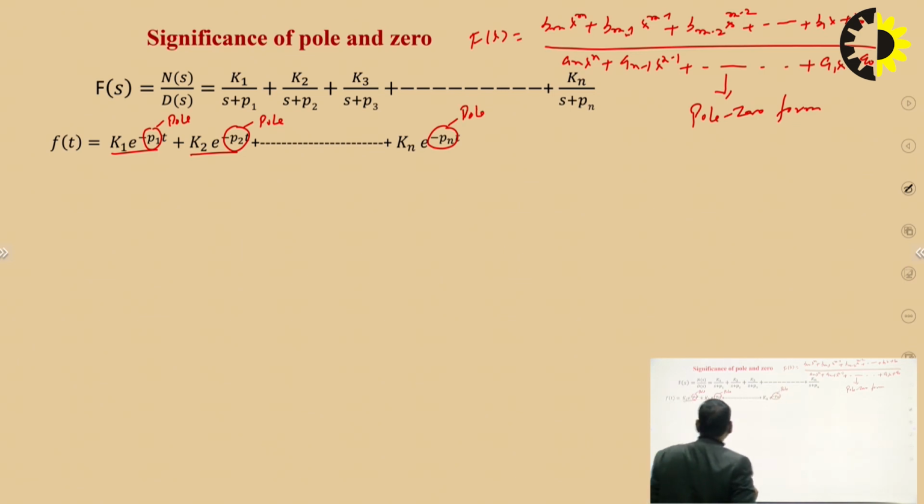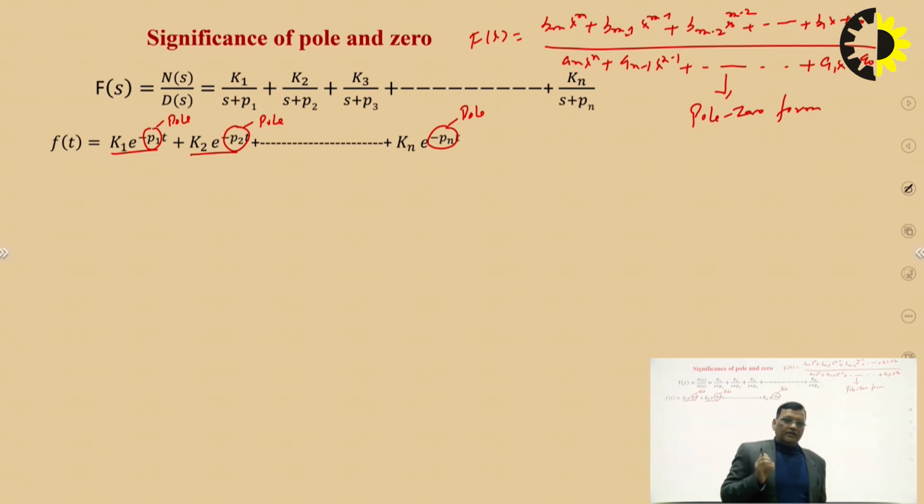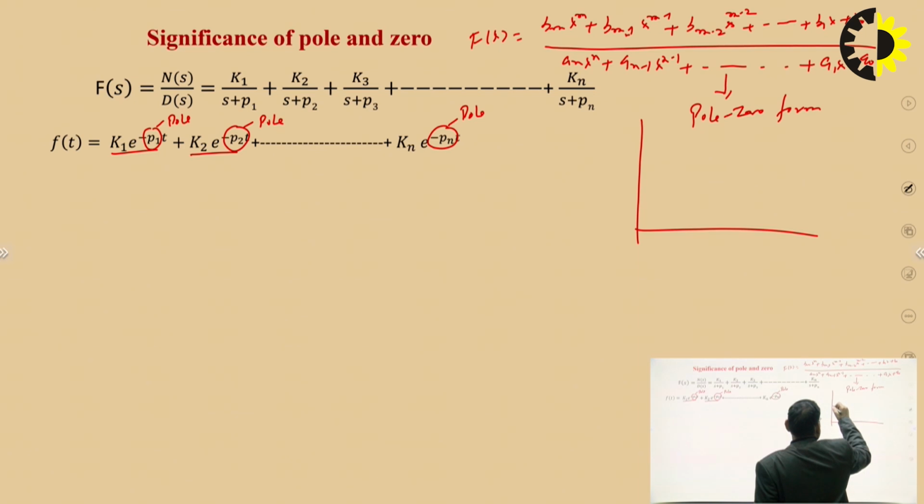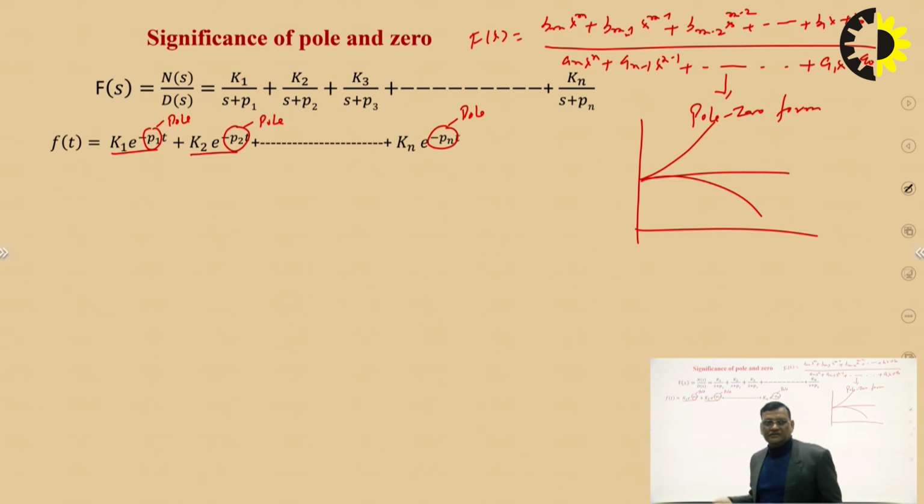So we can see that the poles of a network function determine the time behavior of the response. So whether the response will be like this, like this, or like this, that will be decided by these poles.